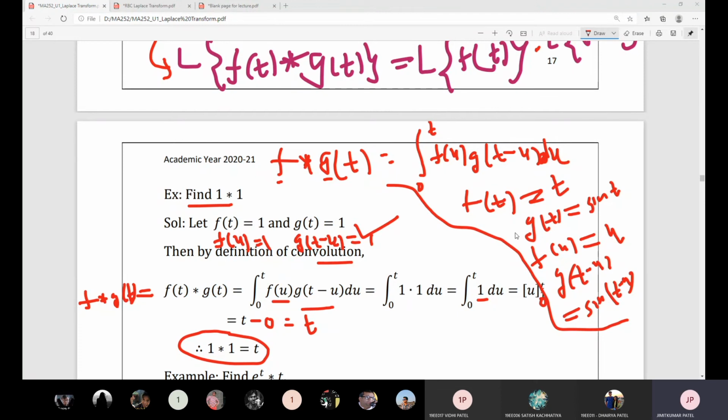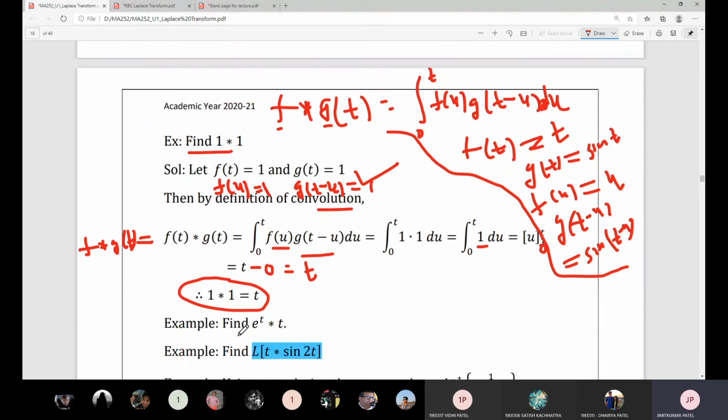I think you have no doubt, so I go further. Now do this example. Find e raised to t star t. Let's try quickly. Find e raised to t star t.